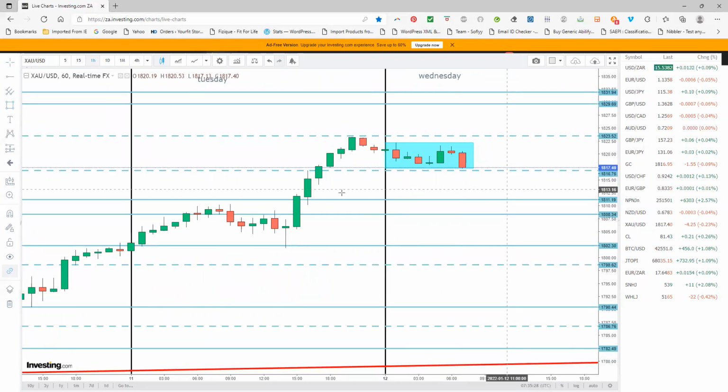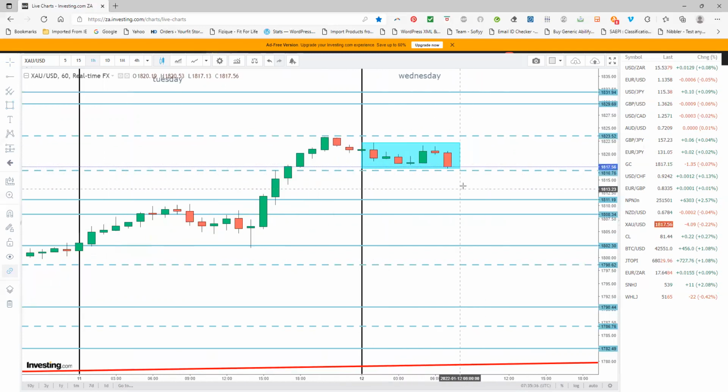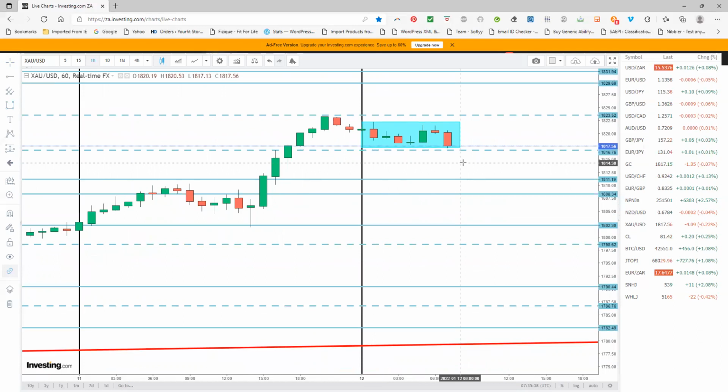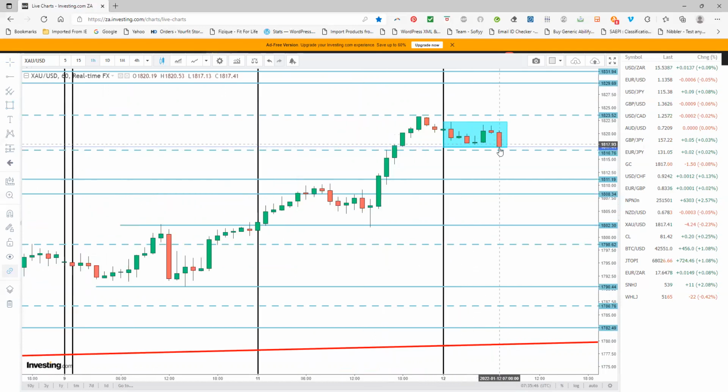So what did price do? Price made an opening high of the day, closing low of the day. Price is maybe going to go down to here because it's a confluence area. We know price has hit there a few times. So price might come down, touch there, and go up.